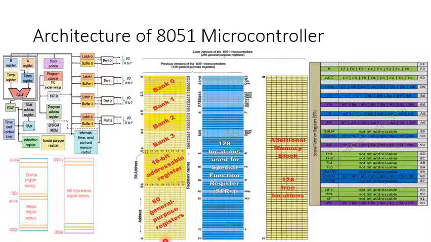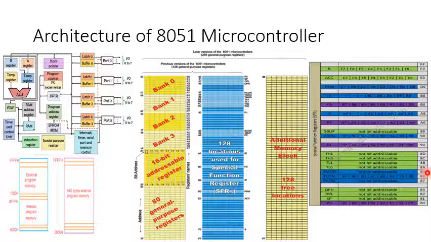Timer control register. The 8051 has two 8-bit timer control registers, that is TMOD and TCON registers. TMOD register is an 8-bit register. Its address is 89H.